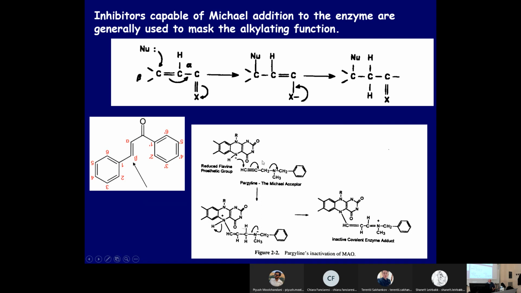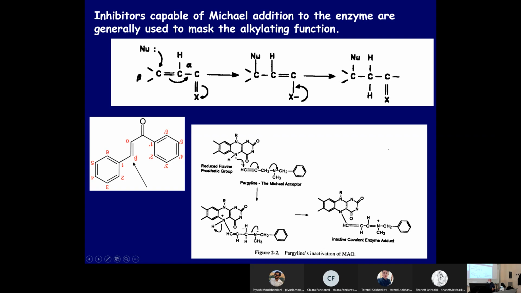Here you can see a cofactor present in the monoamino oxidases, particular enzymes able to oxidize monoamino neurotransmitters like serotonin, noradrenaline, and so on. And you see the flavinic group, the cofactor, has a nucleophilic nitrogen atom.